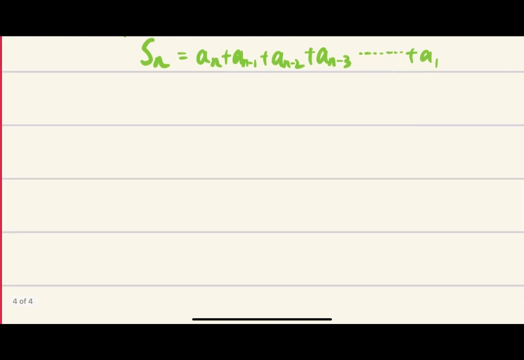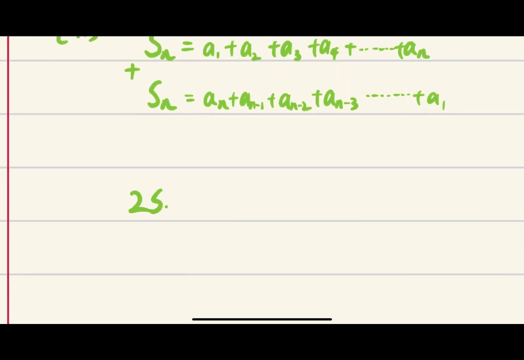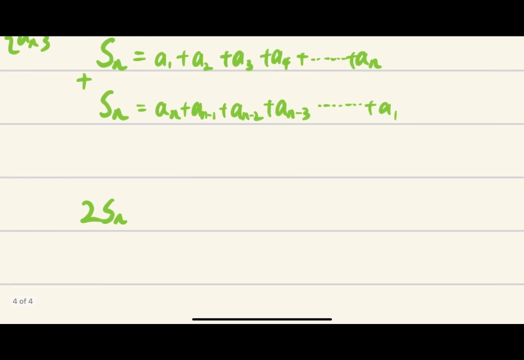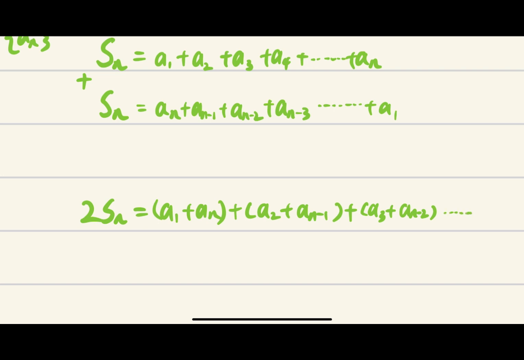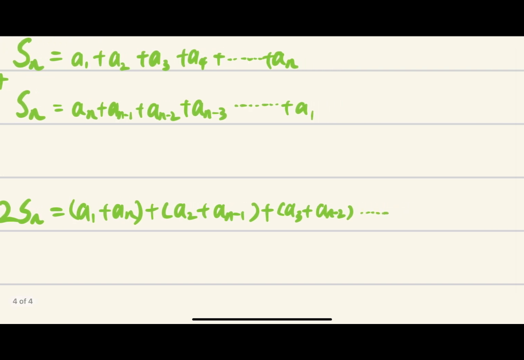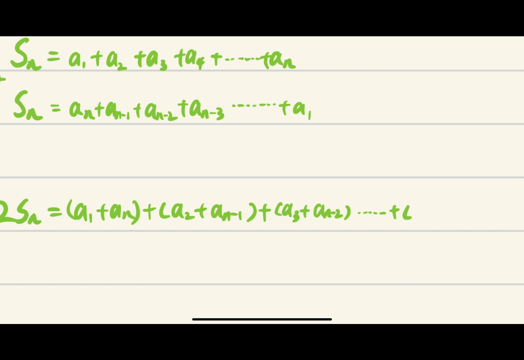We're going to get 2S_n equals (a_1 + a_n), and let's give it a bracket so it's easier to look at, then (a_2 + a_(n-1)) plus (a_3 + a_(n-2)) and so on. You just continue to add them, and the last term that you're going to get is (a_n + a_1).